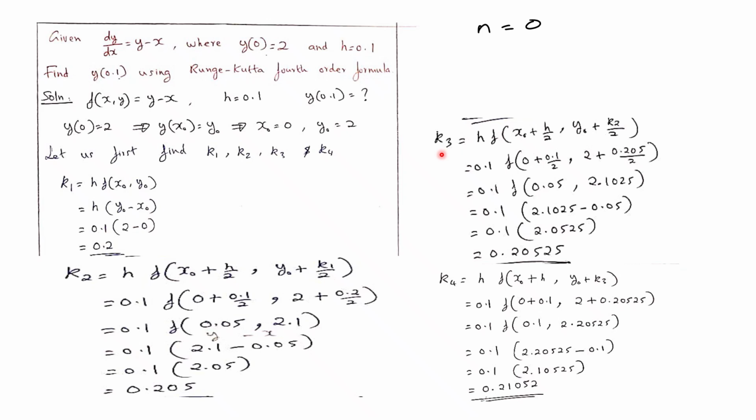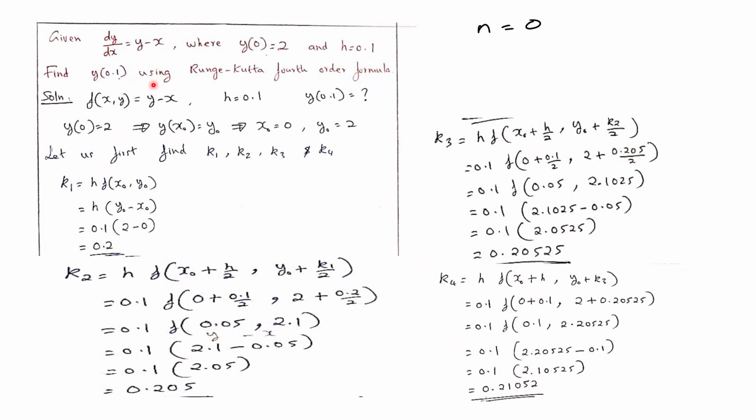k3 is equal to h into f(x0 plus h by 2, y0 plus k2 by 2). h is 0.1, x0 is 0, h by 2 is 0.05, y0 is 2, and k2 we have obtained as 0.205, divided by 2. Simplification of this gives you 2.1025.